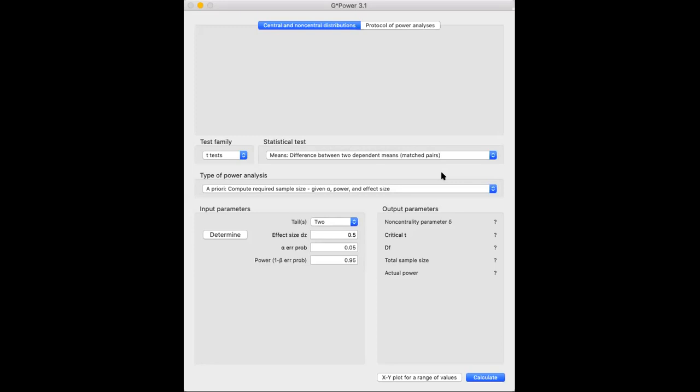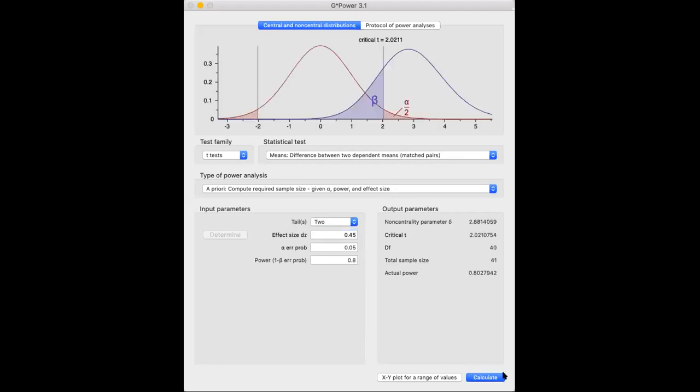Then you would have a within-subject design. As I'm putting it on the screen right now, you have a t-test, but now it's a matched-pair t-test. If you want the same effect size of 0.45, by the way, you can click on determine and a different little window will pop up. But you can just run the calculation here.